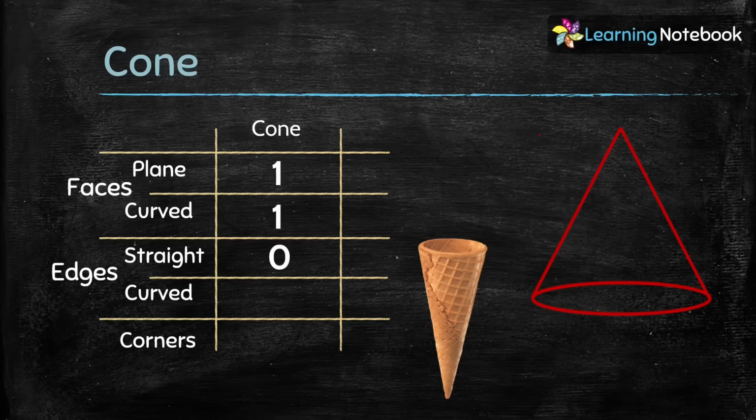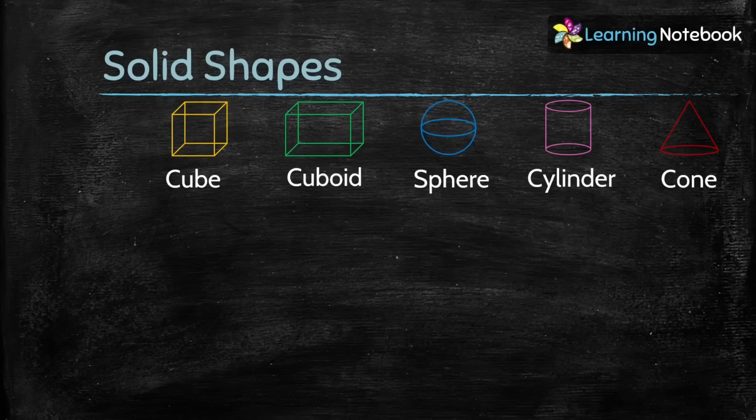A cone has no straight edge, but it has one curved edge. And lastly, a cone has one corner as highlighted here. So students, this was all about faces, edges and corners of solid shapes.